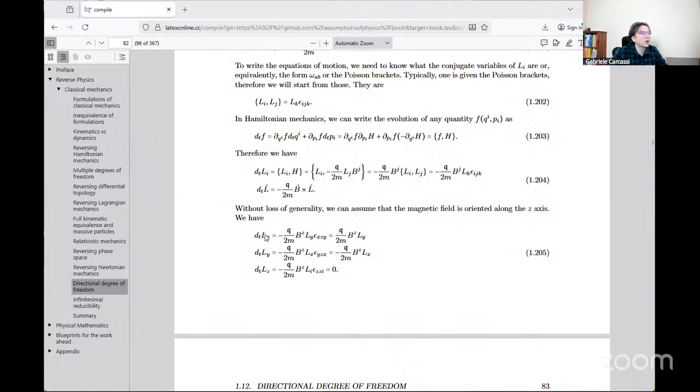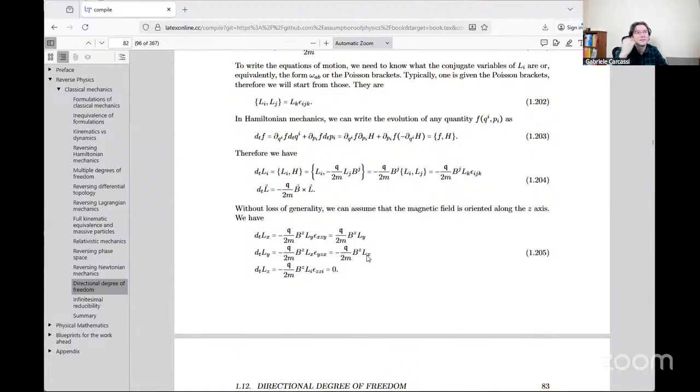The rate of change of the x component is equal to the magnitude of the y component times the magnitude of the field. So the stronger the field, the more the change, and also a bigger component in y is going to give you a bigger change. And for the y component, you have minus the component in x.